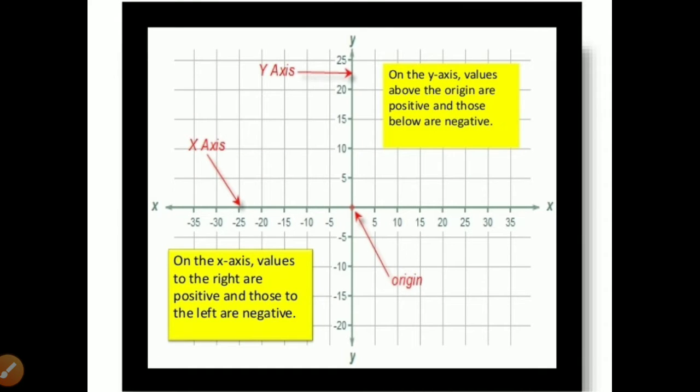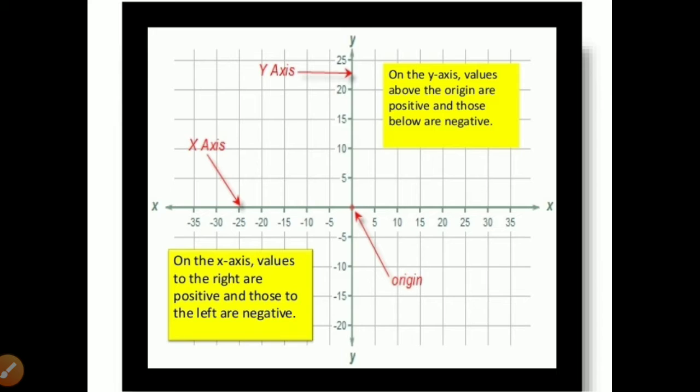On the y-axis, the values above the origin are positive and those below are negative. If you go upward from the origin, you get positive values, and if you go downwards from the origin, you get negative values. The same thing applies to the x-axis.